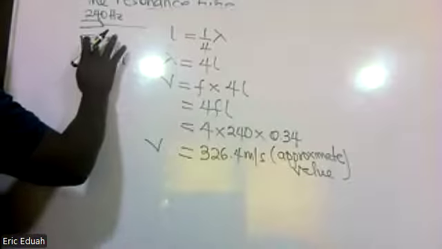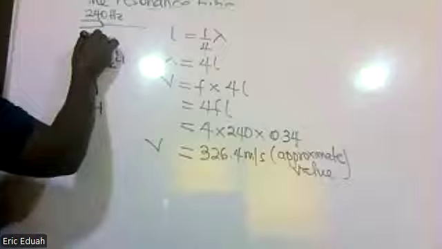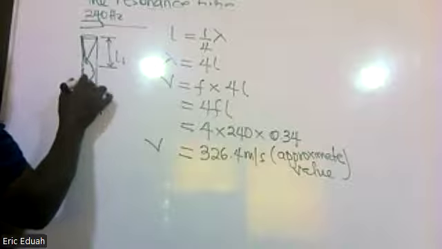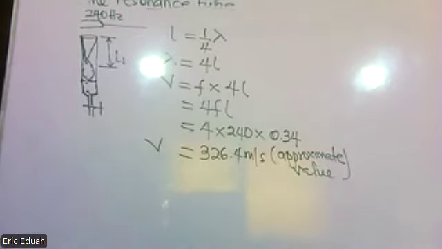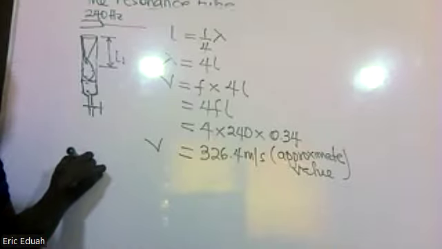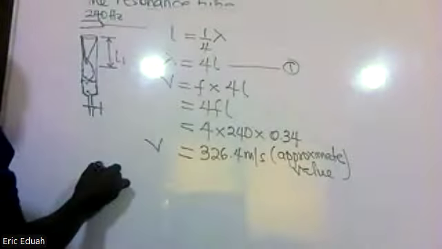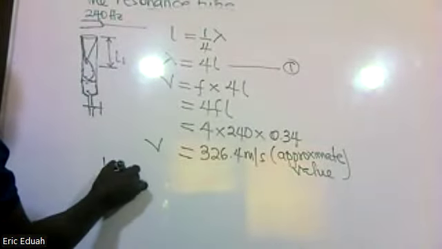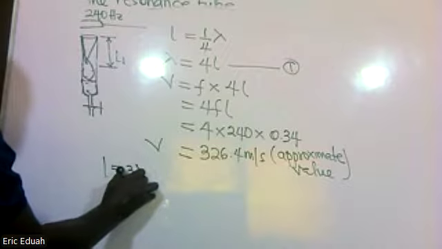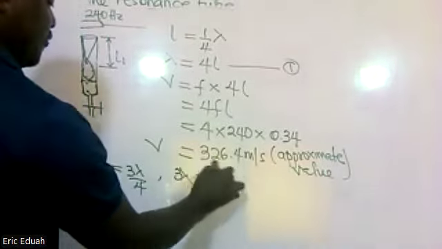Now, assuming a second resonant position is obtained, then this time around we'll have L being equal to 3/4 lambda, and 3 lambda will be equal to 4L2.